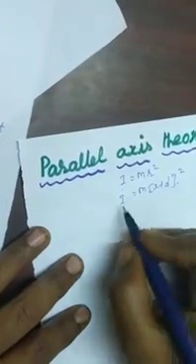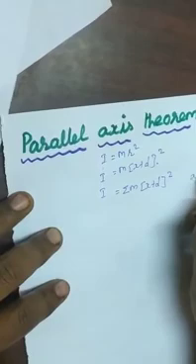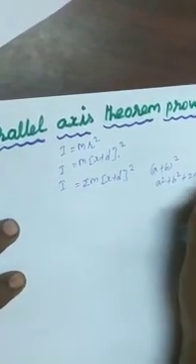Now we have to find the moment of inertia for the whole body about the axis DE. We have to sum this equation. I is equal to summation of M into X plus D whole squared. This X plus D whole squared is in the form of A plus B whole squared. The formula is A squared plus B squared plus 2AB.